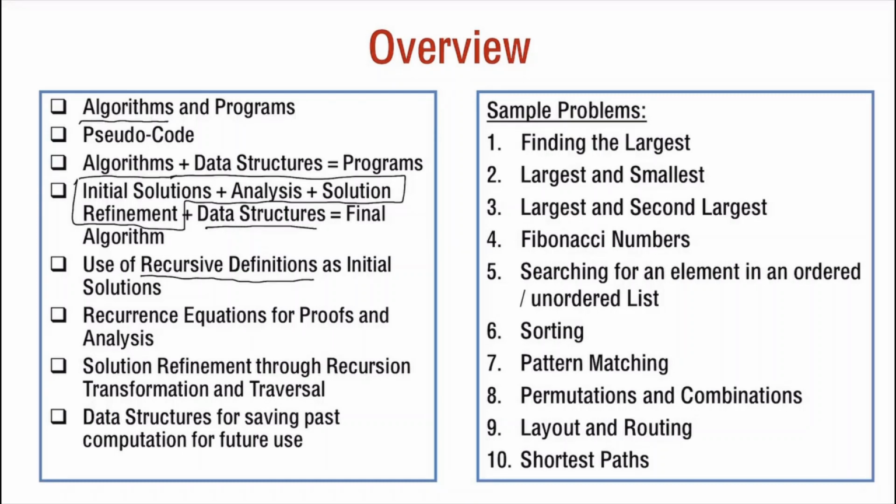So, we will use a problem decomposition technique to define initial solutions. And we shall see several examples by which we can do this. The advantage is that these recursive definitions lead to inductive proofs and recurrence equations for their complexity analysis.